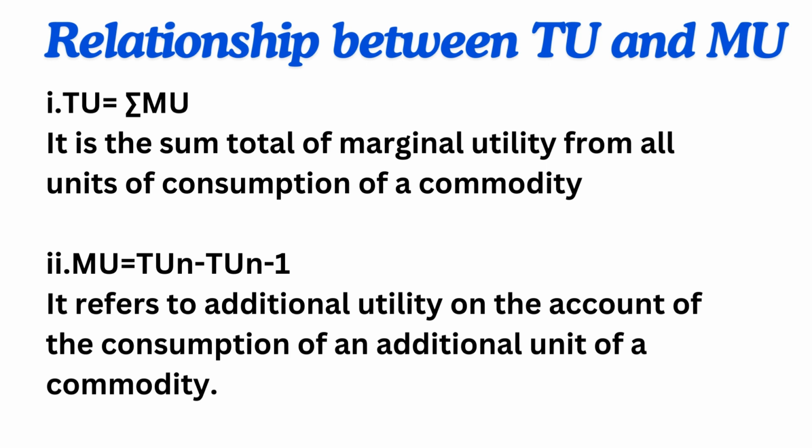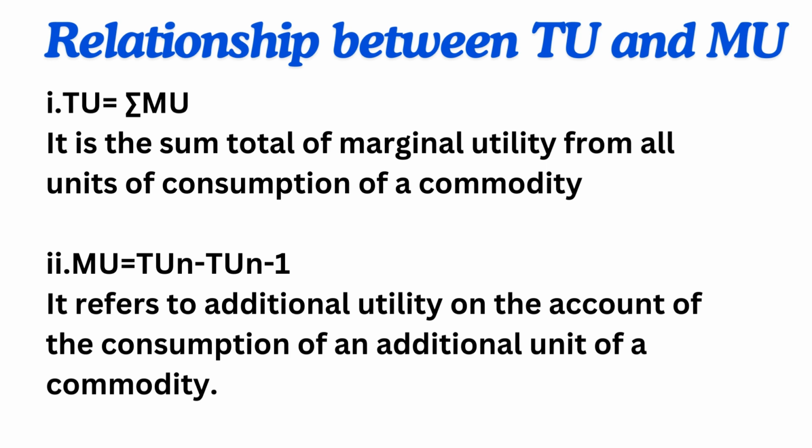TU equals summation MU, which is the sum total of marginal utility derived from the consumption of all the units of a commodity. Now MU equals TUn minus TUn minus 1. It is the additional utility derived from the consumption of an additional unit of a commodity.